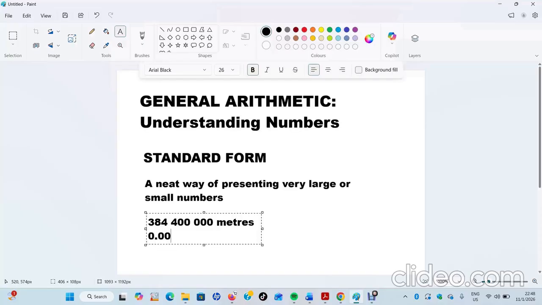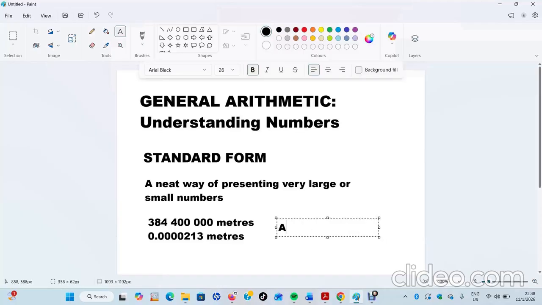And also, for example, the thickness of a page in a book is 0.0000213 meters. You see, by just writing them, you can see it's messy.